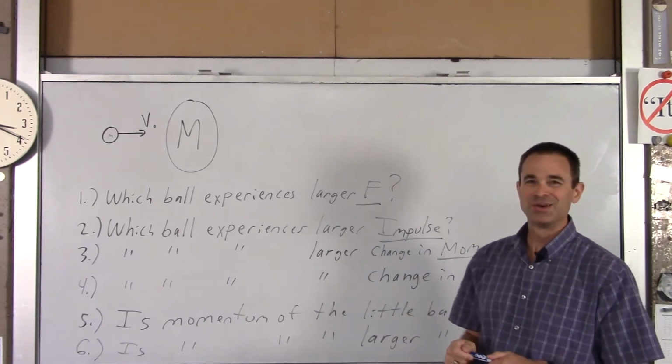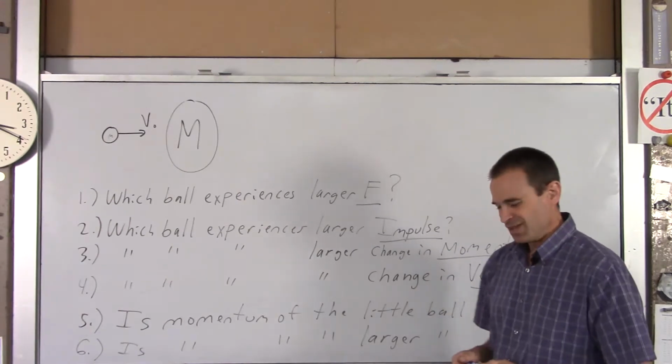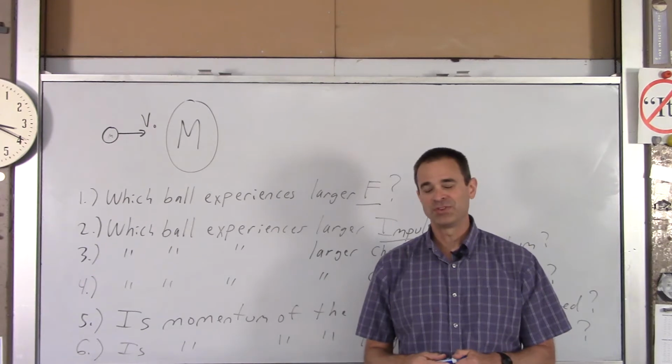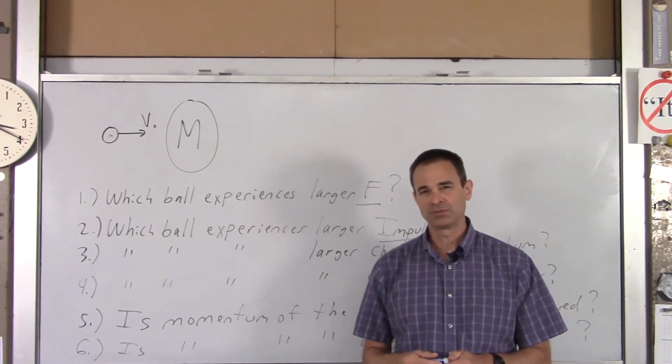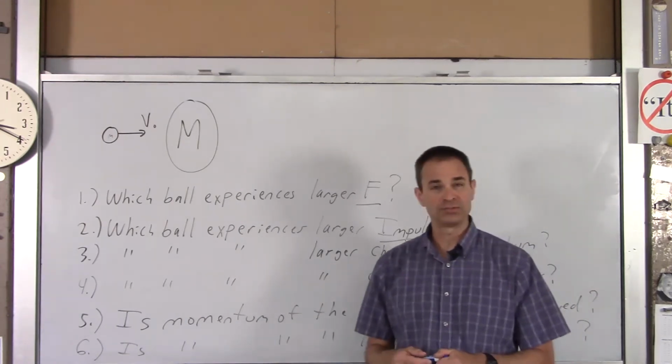All right, well, that should be an easy one to answer, okay? If A hits B, B hits A with the same amount of force and in the opposite direction. The forces acting on the two balls are the same.